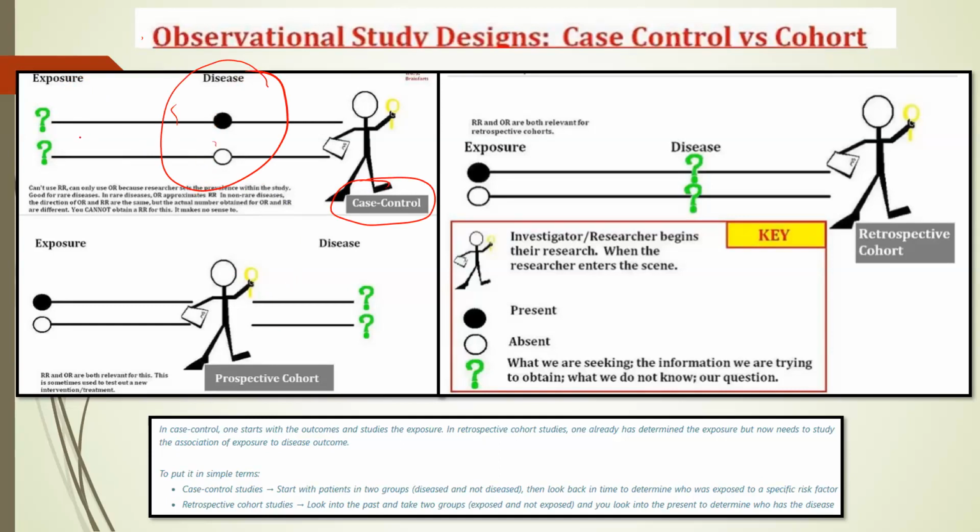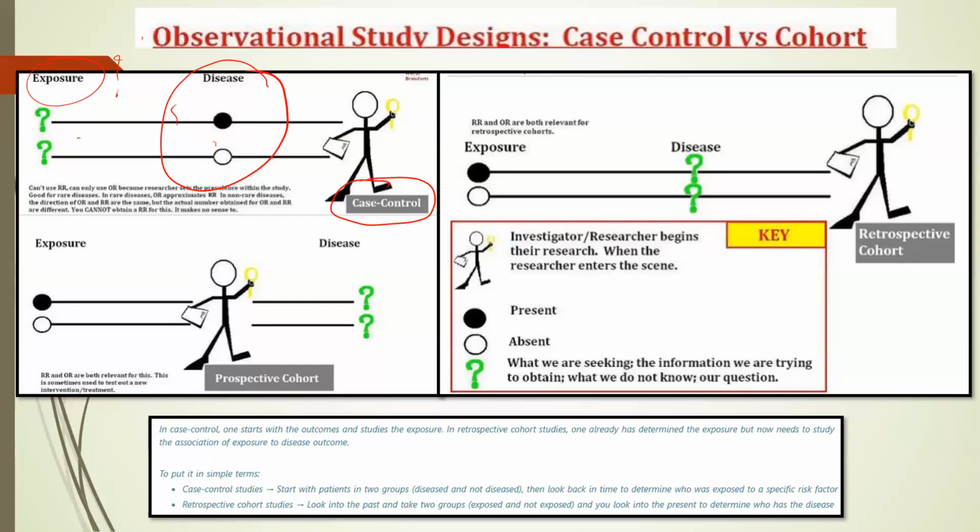And then you go back and see the prevalence of the exposure in the diseased group and the non-diseased group.